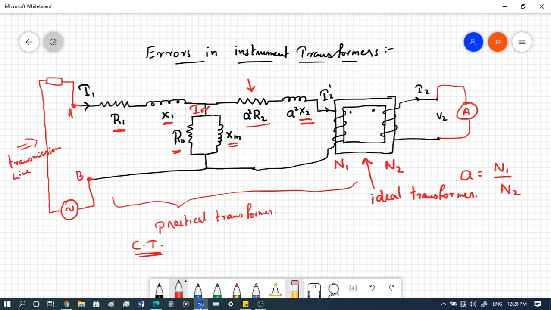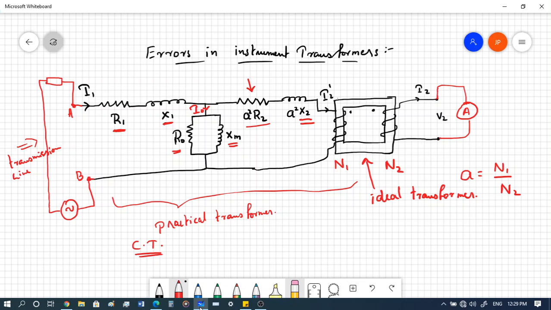R0 corresponds to the core losses. In case of air cooled transformers, R0 will disappear, but in case of normal transformers, there would be a certain amount of core loss associated with the core of the material. So R0 is the core loss, and XM is the magnetization loss for the magnetization of the transformer.